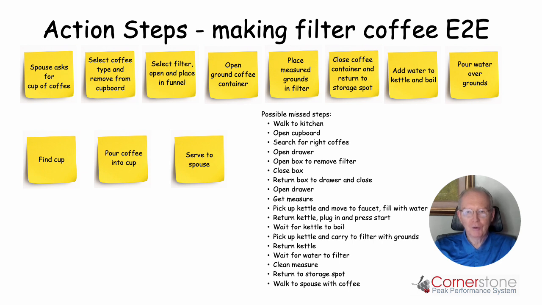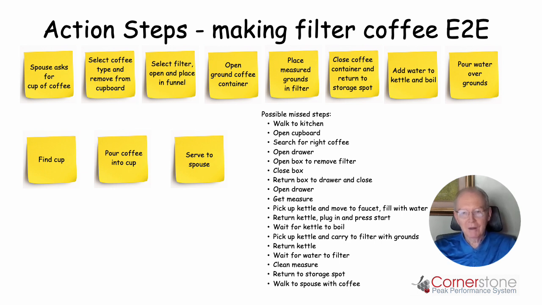It included opening drawers, opening boxes to remove a filter, closing the box, returning the box, opening the drawer, getting measures, and measuring the ground coffee. So that might be a spoon of some type that you're using. You have to get the spoon. You have to dip it into the coffee grounds. You have to move it across and put it in the filter.